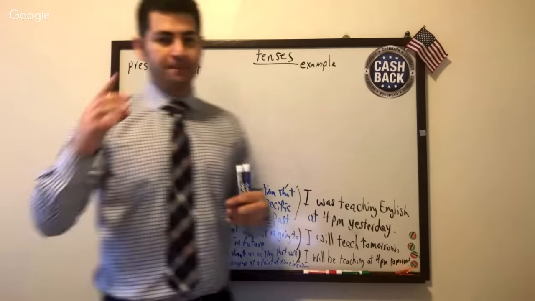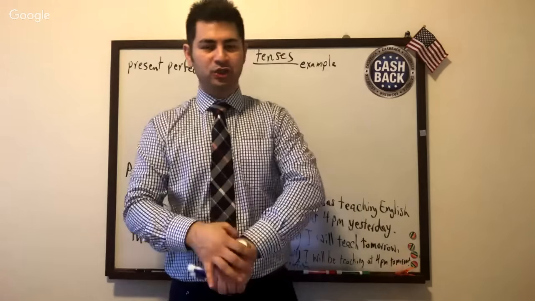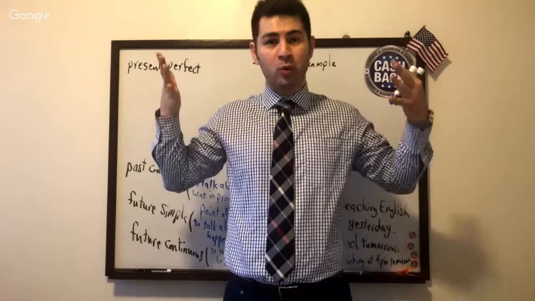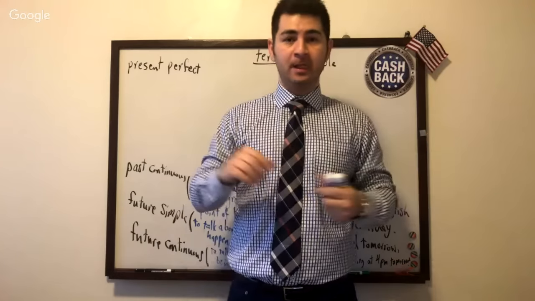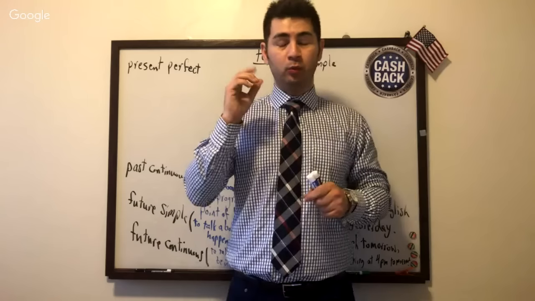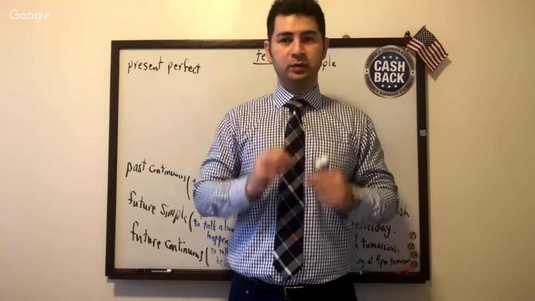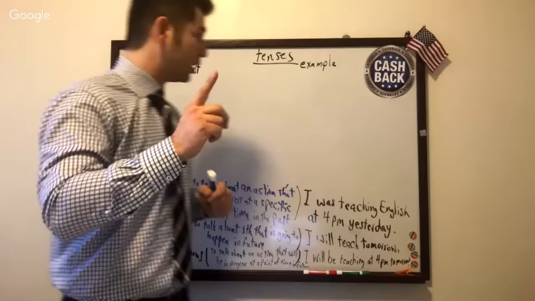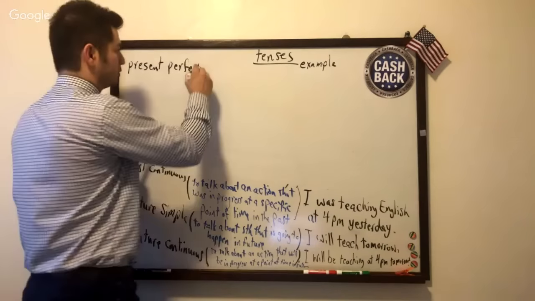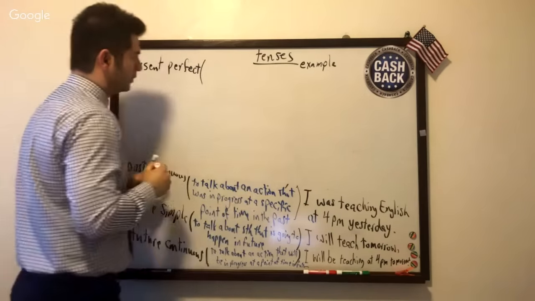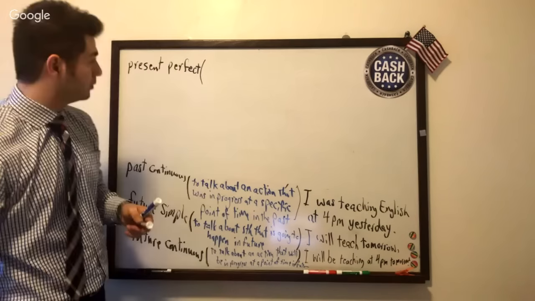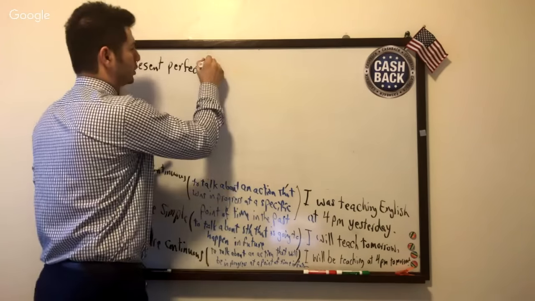When do we use present perfect? We use present perfect to talk about an action in the past, but we don't know when it happened. We use present perfect for an action that started in the past until the present. I'll give you an example. Before I do that, I'm going to write the description here.